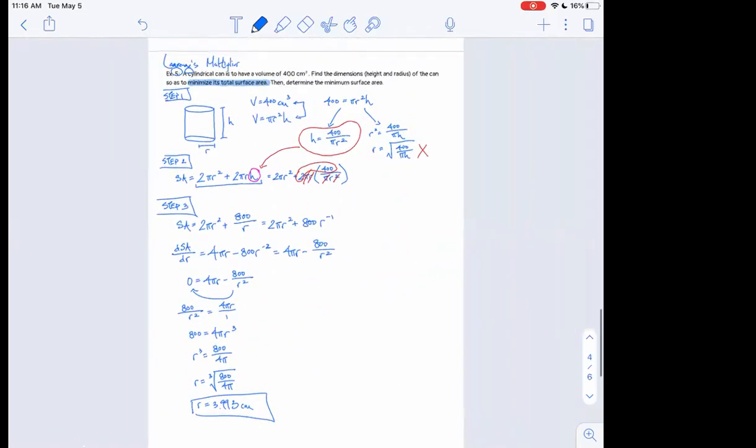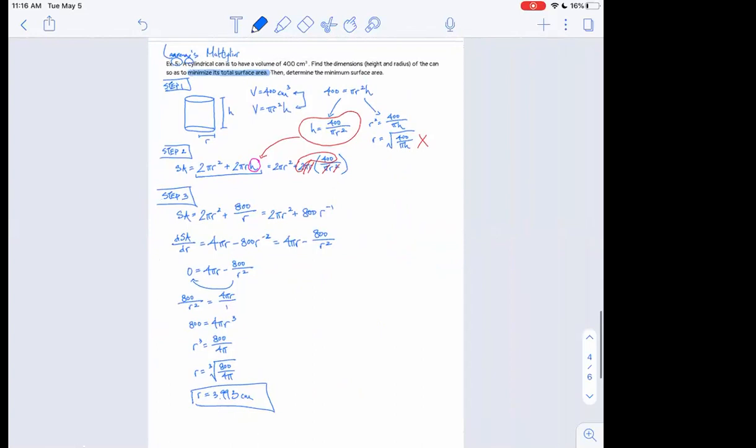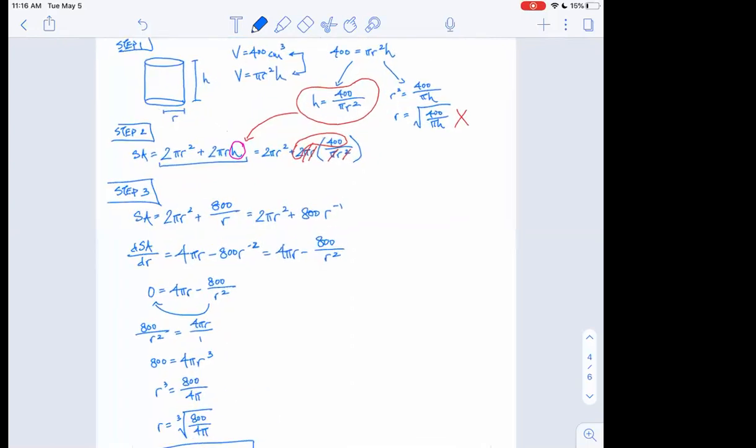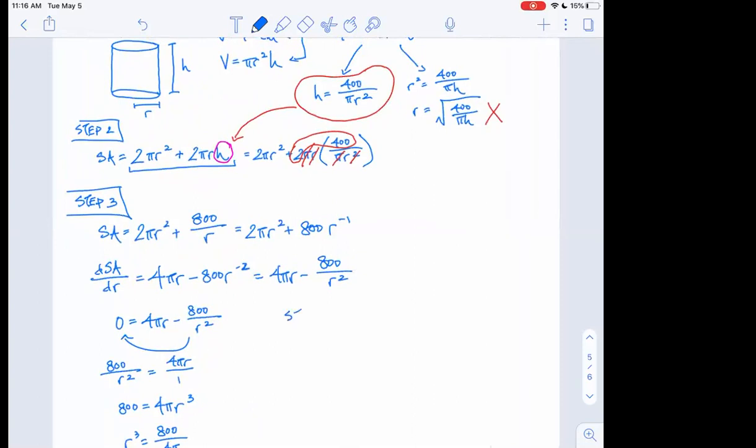So let's zoom back out for a moment and let's see what we have. It says find the dimensions, the height and the radius of the can so as to minimize its total surface area. So I have the radius and now I just need to find the height. So in step 4, I'm going to find the height and determine the minimum surface area. So radius equals this.